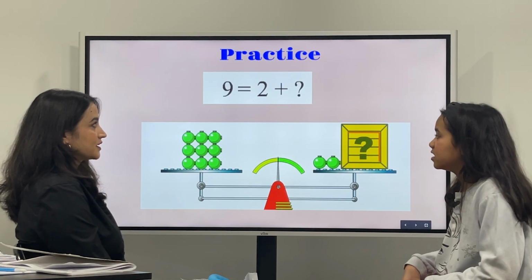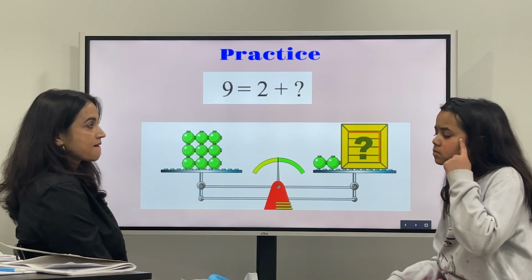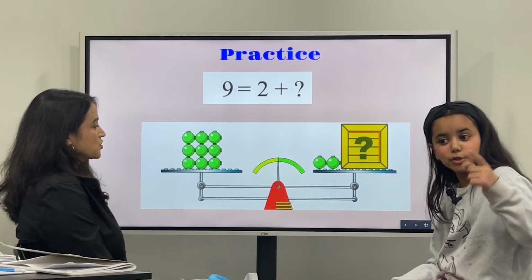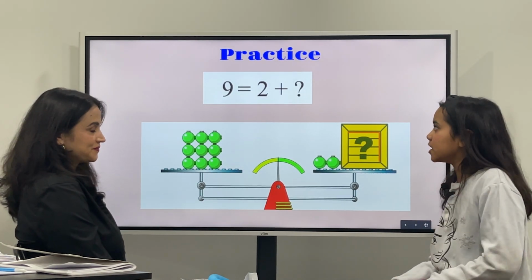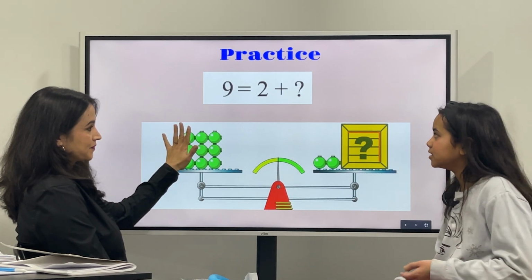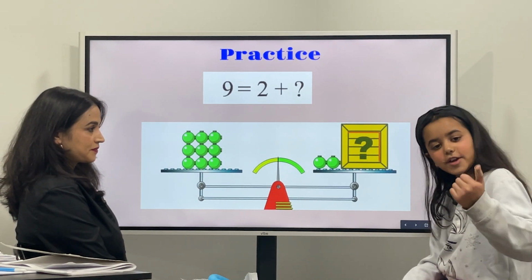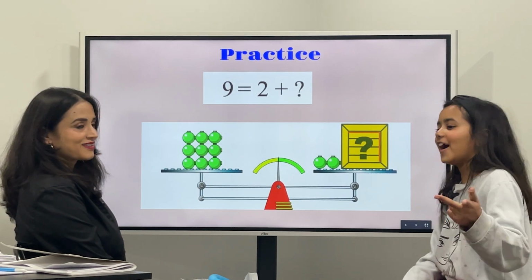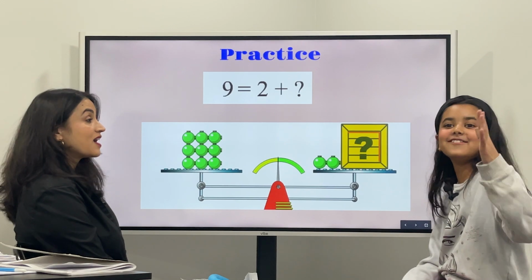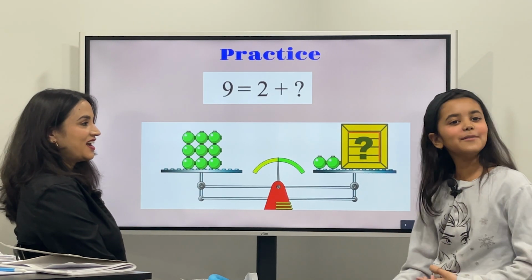Then 9. What is that? 2 plus what? Wait. So you have a 9 here. So let's see what makes 9. How much do you need to add? 2, 3, 4, 5, 6, 7, 8, 9.